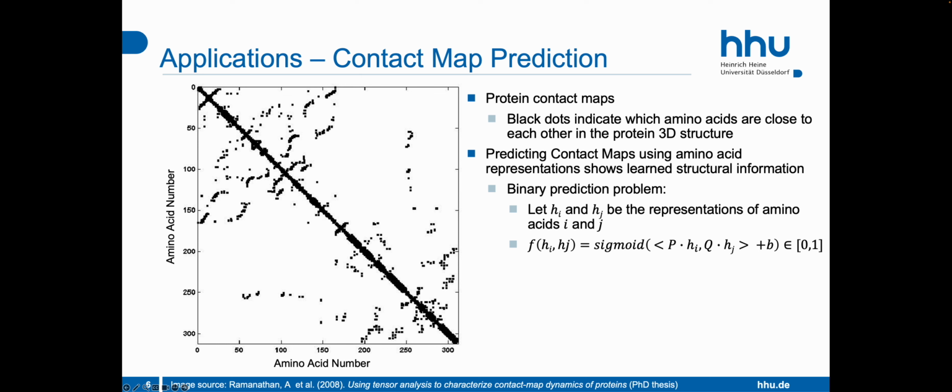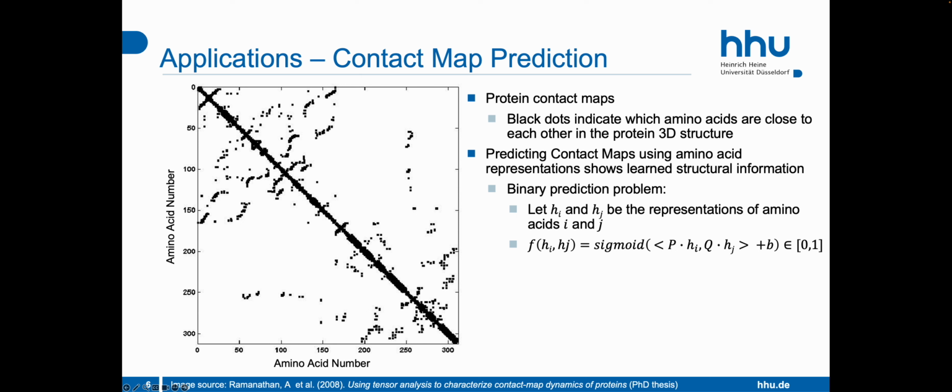Then we can add a constant value b and apply the sigmoid function, which results in a value between 0 and 1, where we can interpret all values above 0.5 as positive, which means being close to each other, and we can interpret all other values below 0.5 as negative predictions.